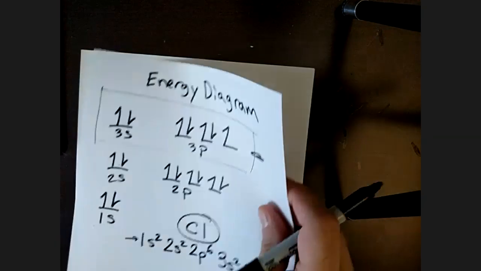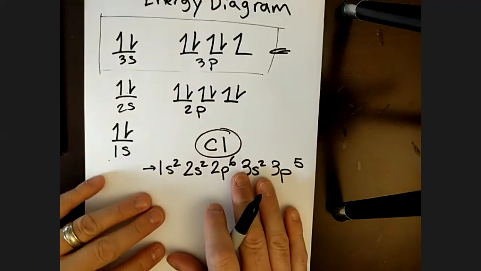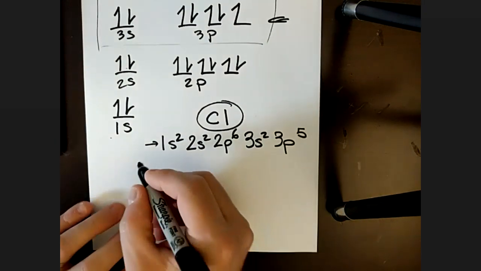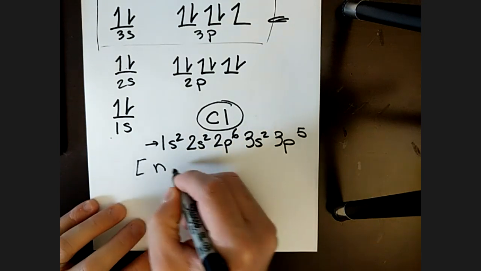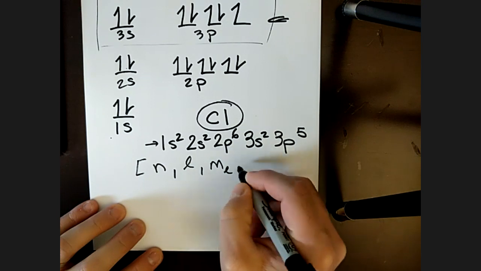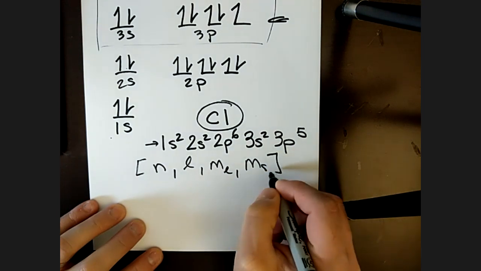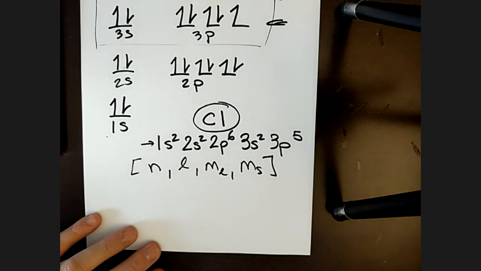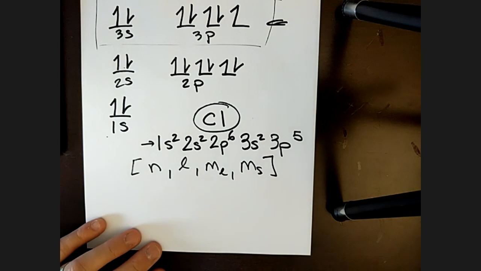Okay. Now, if we look back to our chlorine here, when we do the quantum numbers, there are 4 quantum numbers that can also be represented here, right? Now, generally in my class, I don't have people come up with the quantum numbers.